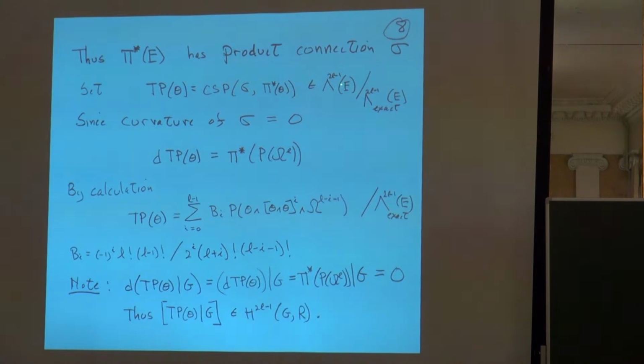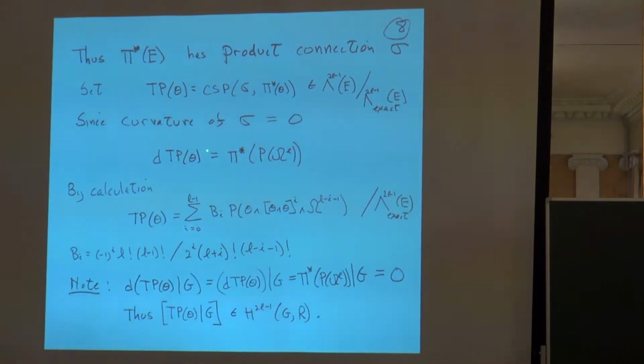And d of it is the lift of the characteristic form to the bundle itself, and that is exact. And here's a formula for it, comparing the product connection with the pulled up other connection.